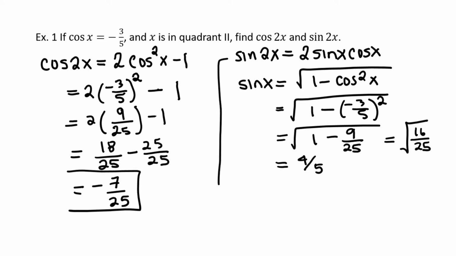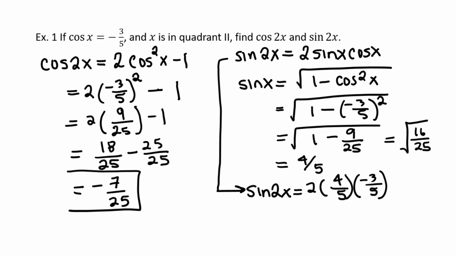Now we can actually use the double angle formula to solve for the sine of 2x, and that is 2 times the sine x value we just computed, which is 4/5, times the cosine x, which we were given as -3/5. And we multiply across: 2 times 4 times -3, 12 times 2, that's -24, and the denominator is 25ths.